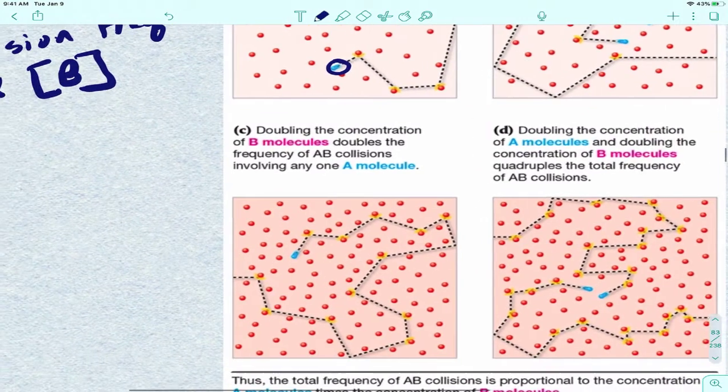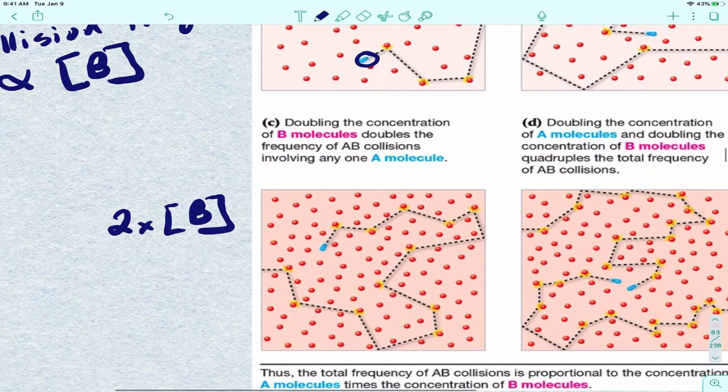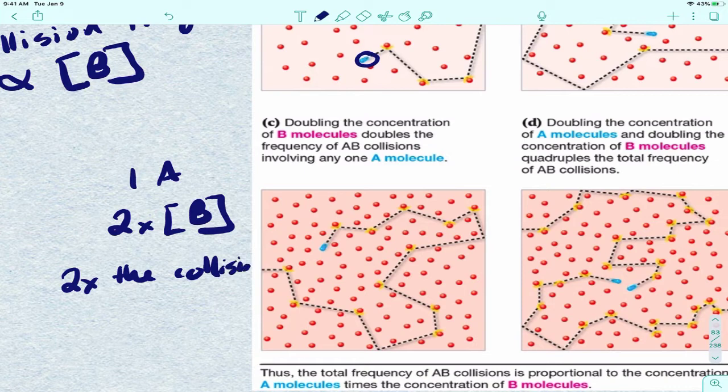Now, in part C, what if we double the concentration of B? We only have one A molecule, so you're doubling the concentration of B, which means you're doubling the collisions between A and B, because there are so many Bs now that A can't move around without hitting one of them.